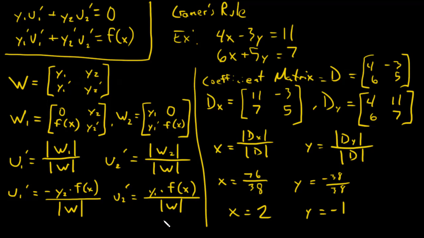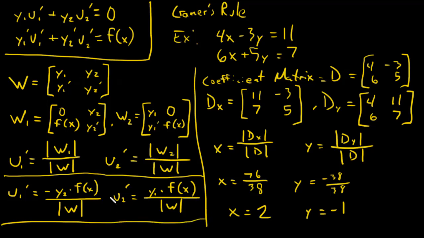Now, we are almost there. What I want to do is basically box these. We just did a lot of work to get to this right here. Okay? So this is what we're going to be using to solve DEs.